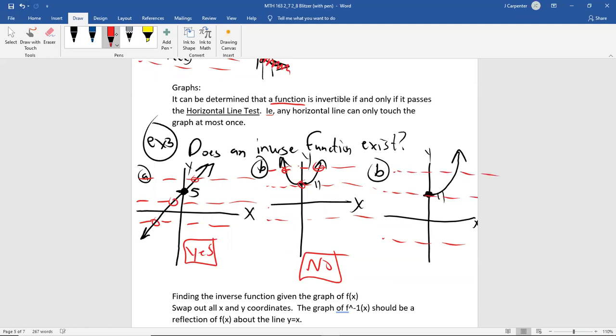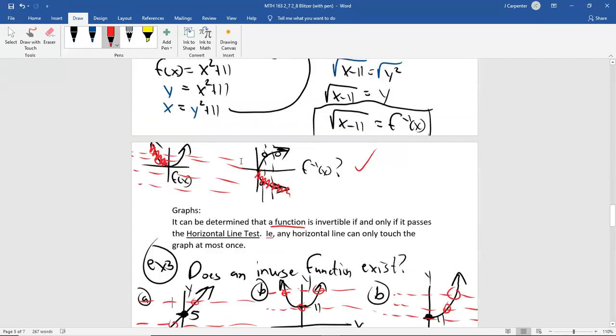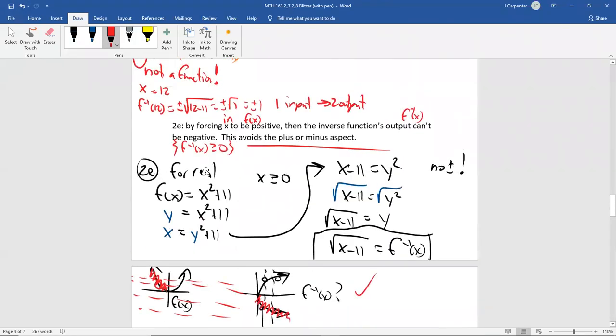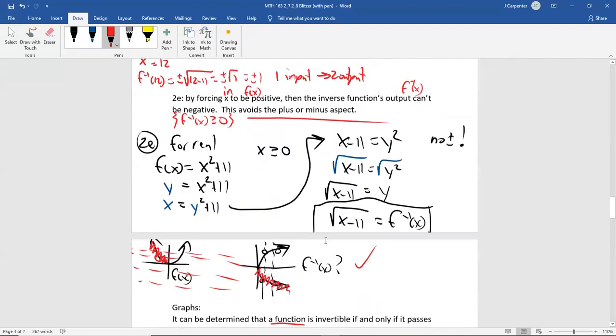But now anything over a height of 11 will still work as well. Each horizontal line will now only touch once. So yes, this is a function, as it should be, because we already proved analytically, when we had the restriction and cut the negative x values off, it was a function because there was no plus or minus in the inverse.